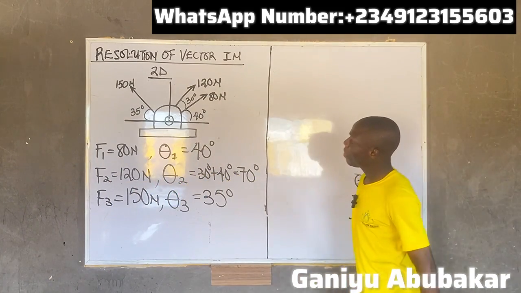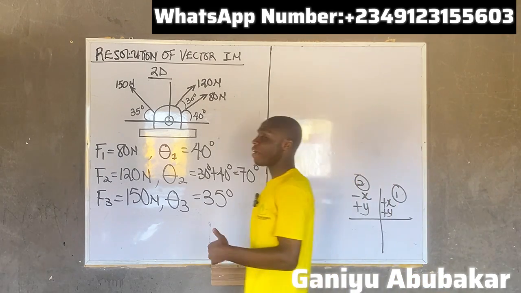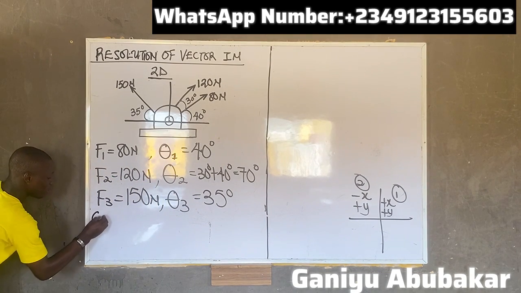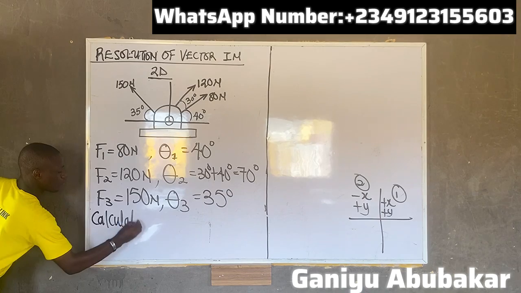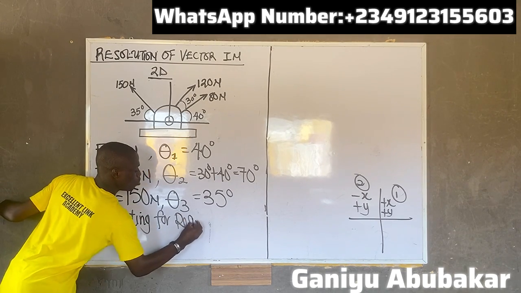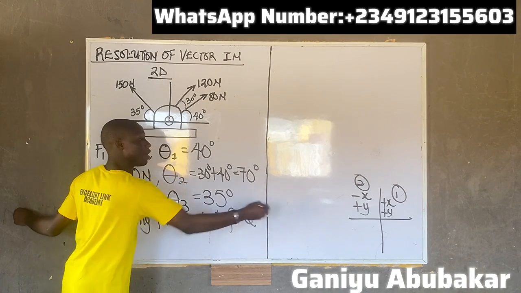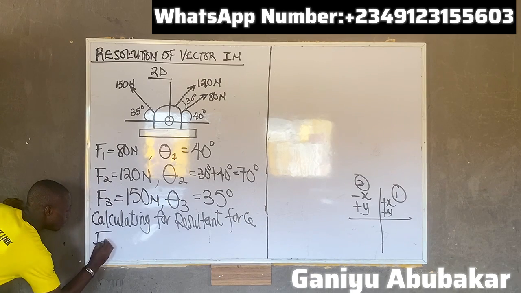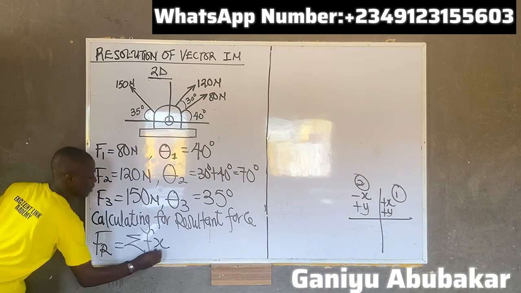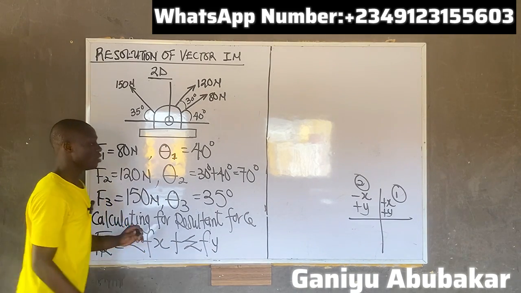From this point, let's start calculating. We are asked to find the resultant force. So calculating the resultant force, before the magnitude, FR equals the summation of Fx plus the summation of Fy.